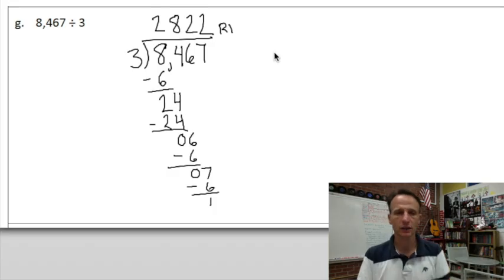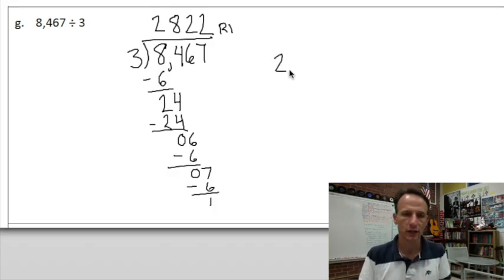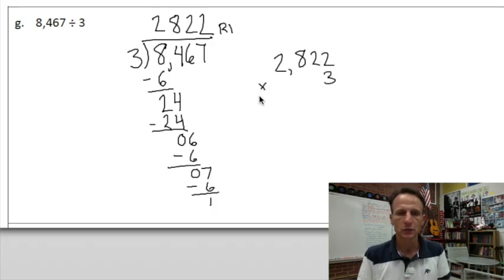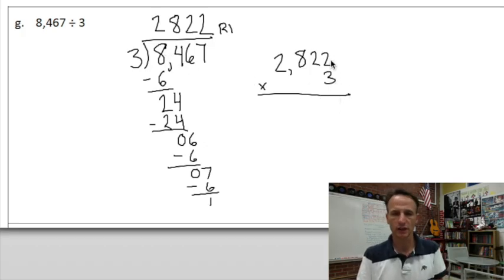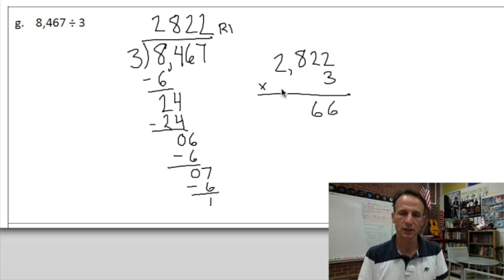So now if we take our quotient, 2,822, and multiply by our divisor of 3, we should end up with the dividend we started with. So 3 times 2 is 6, and again 3 times 2 is 6. 3 times 8 is 24. Yeah, we've just done that.